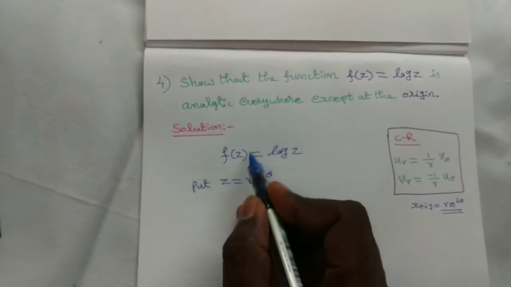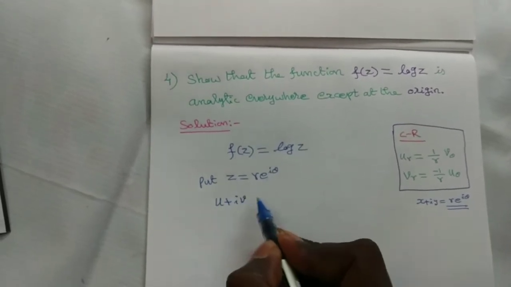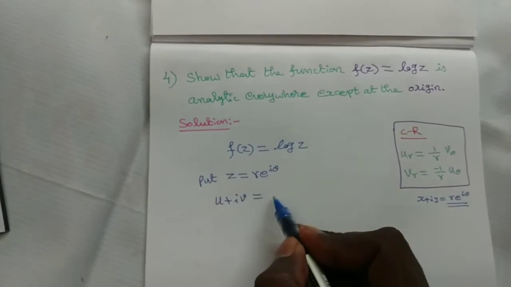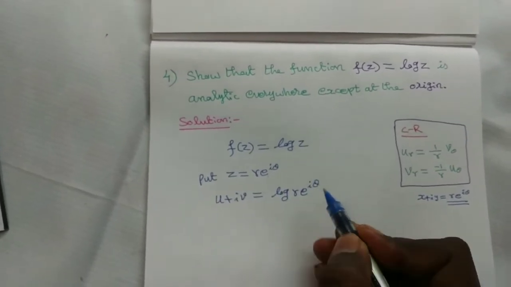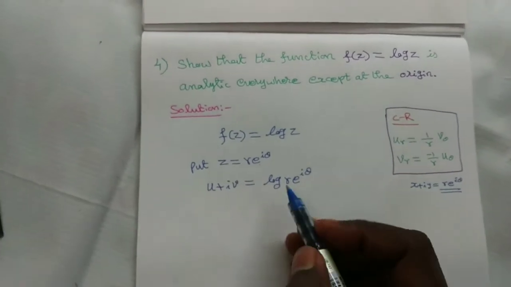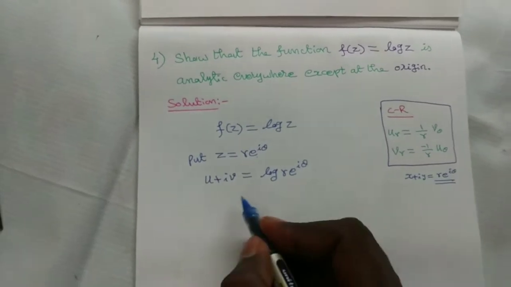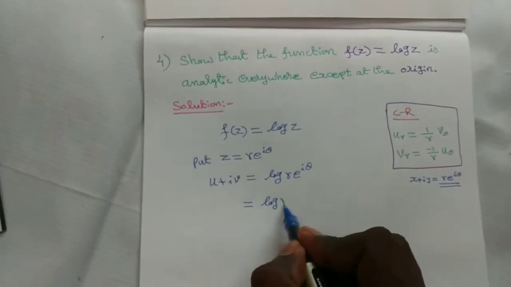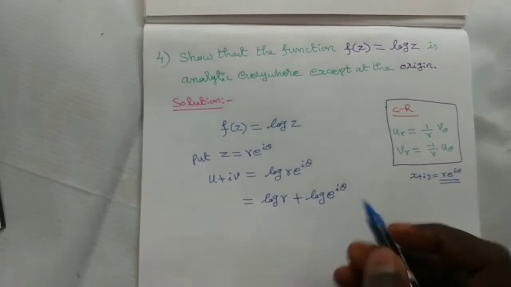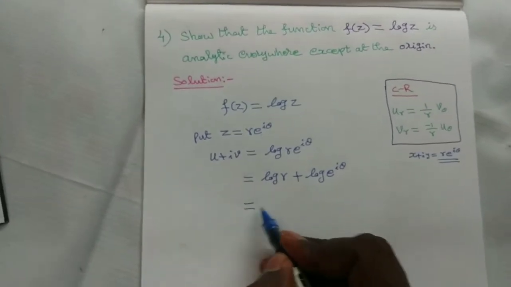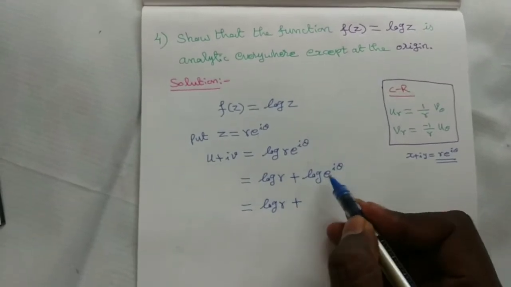At the same time f of z is u plus iv. So u plus iv for f of z, which is equal to log of z is log of r into e power I theta. Okay, but we know this is considered m, this is n, log mn. What is the formula for log mn? Log m plus log n. Now log r plus log e power I theta. What is the log m power n?